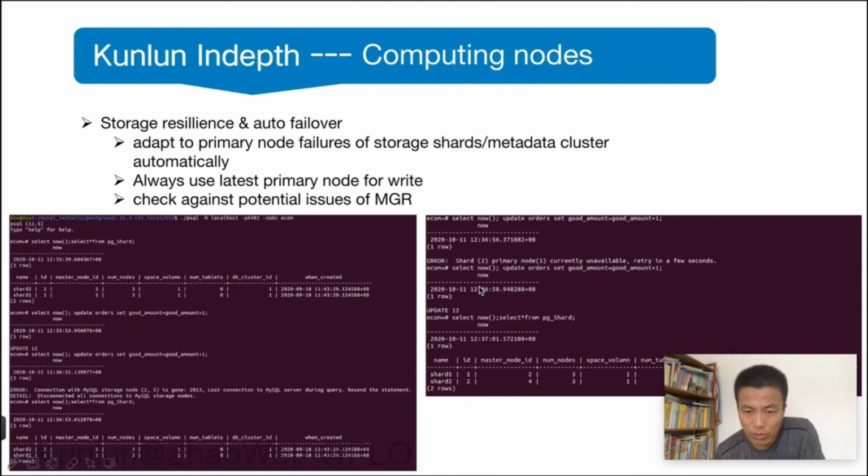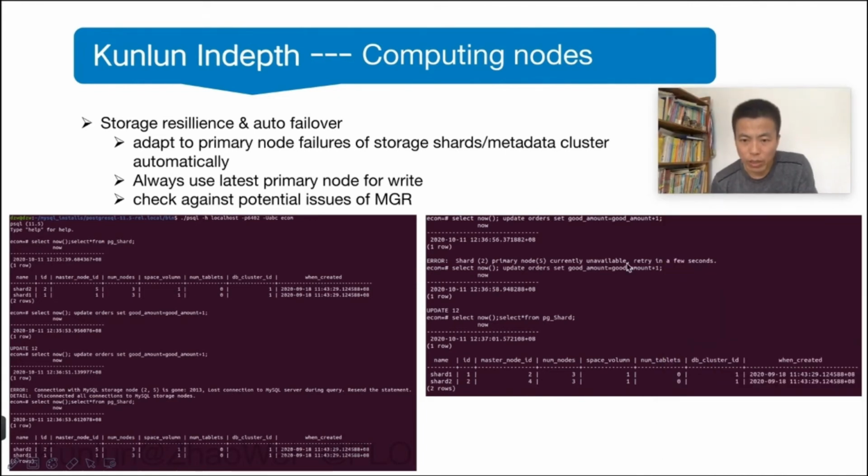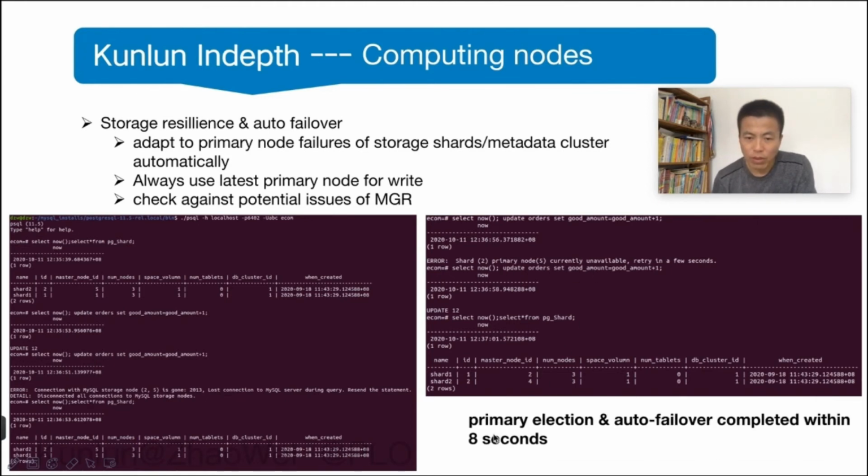You can see we have succeeded, and then we can see the shard metadata, the primary node IDs have been updated. This means the two storage shards have elected their new primary nodes, and this computing node has also figured out the new primary nodes and updated its metadata. So that's why it can successfully execute the update statement again. All the primary election and auto failover completed within 8 seconds.